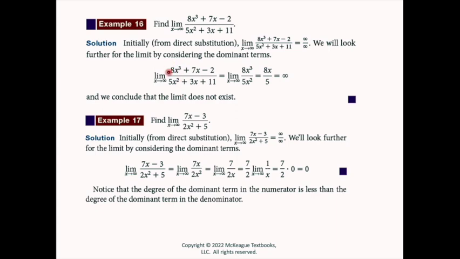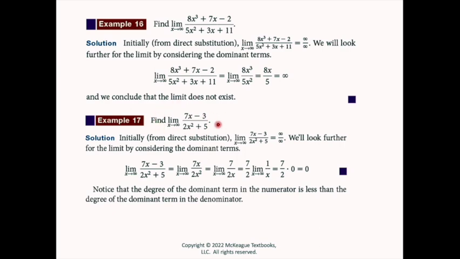That means this is going to grow way faster than this term down here in the denominator of 5x squared. So 8x to the third is going to be the dominant term. This is what's going to cause the function to have a limit as x goes to infinity because this term is going to grow way faster than the 5x squared in the denominator.